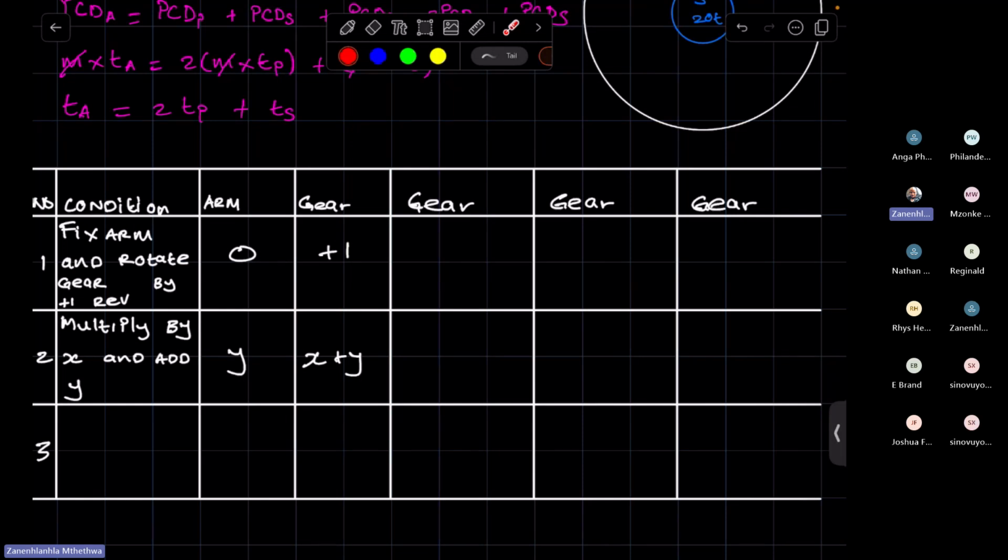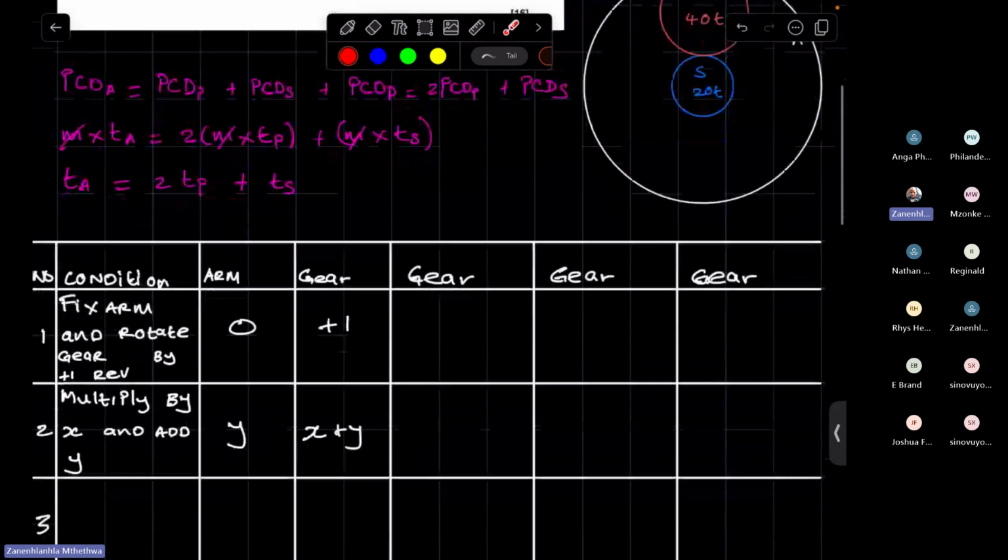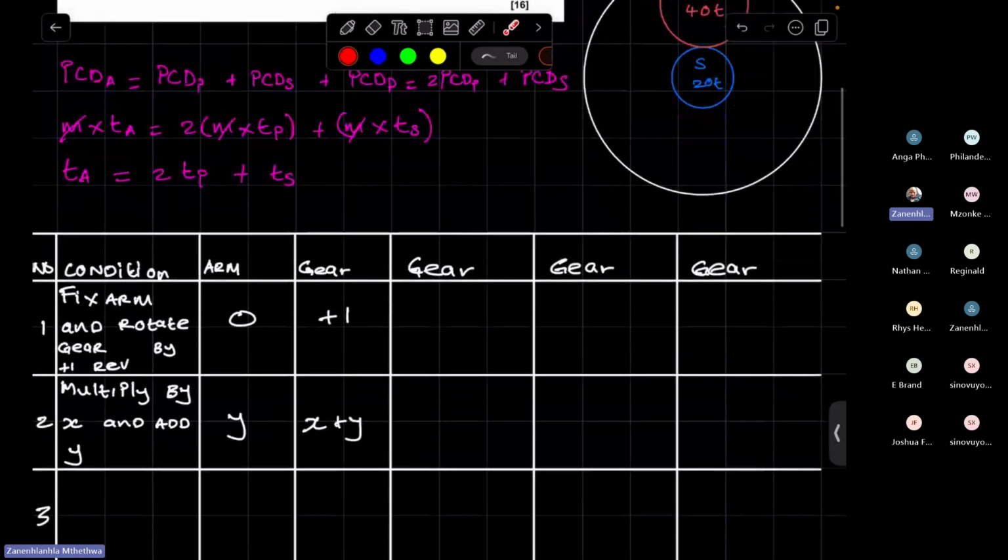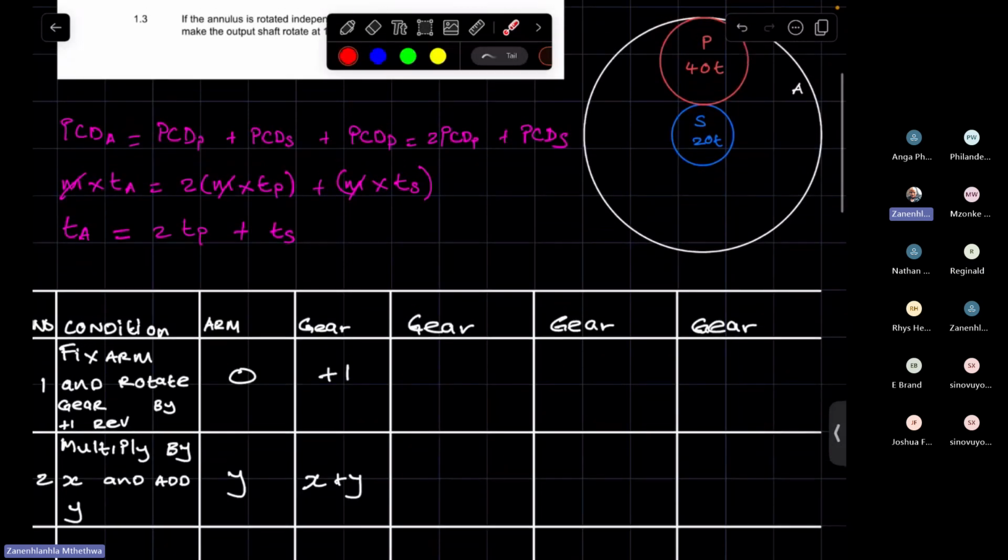You can even complete it without having read the problem statement. If you have the diagram, and from the diagram you can get the number of teeth of all the gears, then all you do is write down the number of teeth at the top of each column. From there, you complete your first and second condition. It's only from the third condition that you need to know the information embedded in your statement. Are we clear here?